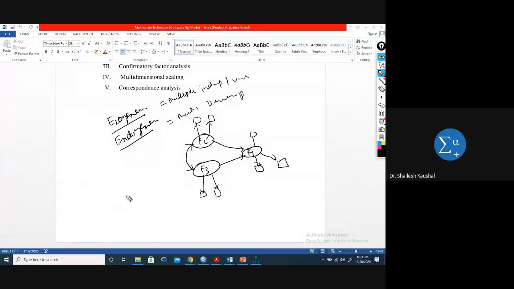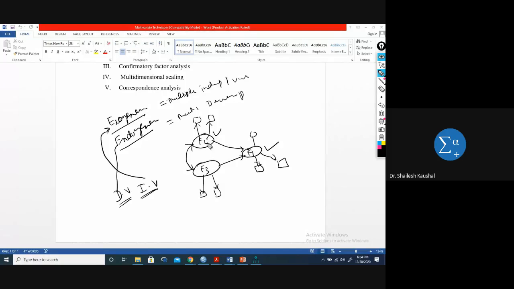So here we do not use the terms dependent and independent variables. We use endogenous, which is equivalent to dependent variable, and exogenous for independent variable. These are constructs, latent variables, and after using confirmatory factor analysis we find which one is endogenous and which one is exogenous.